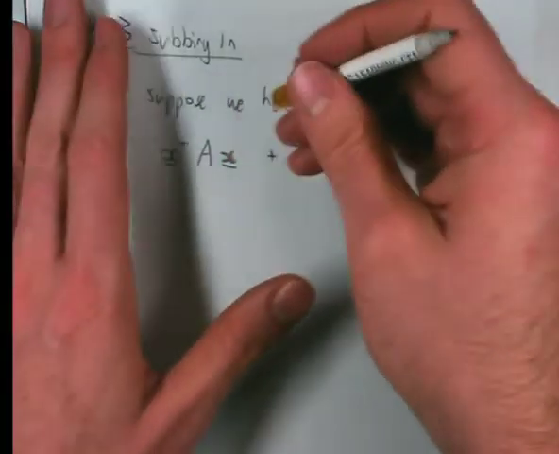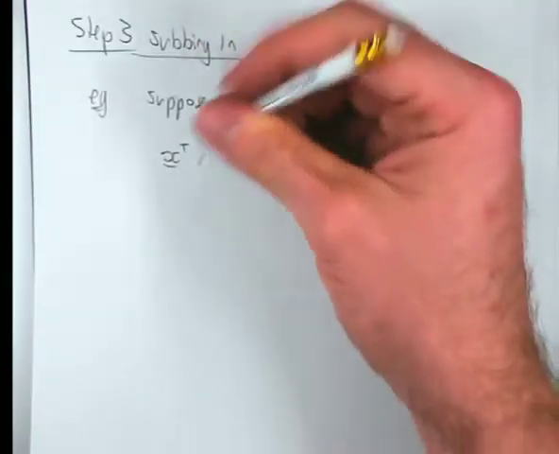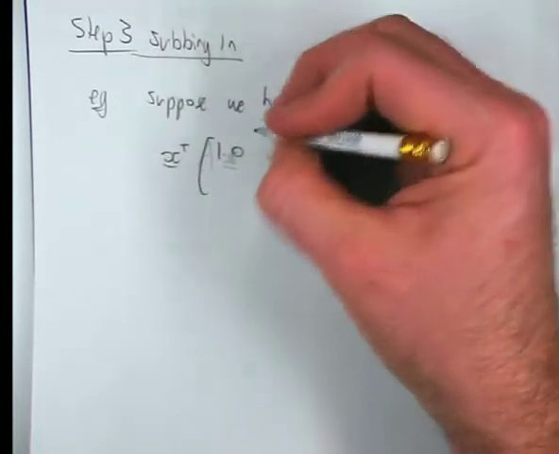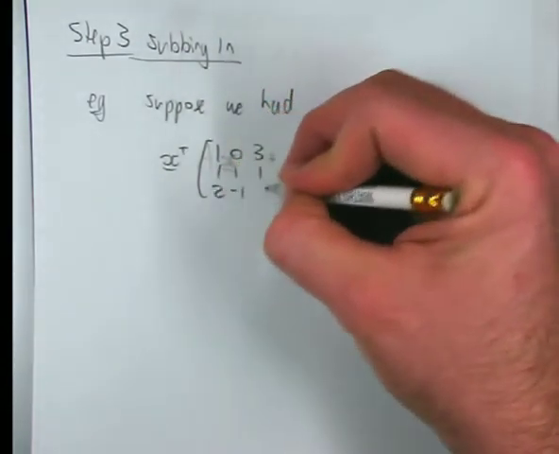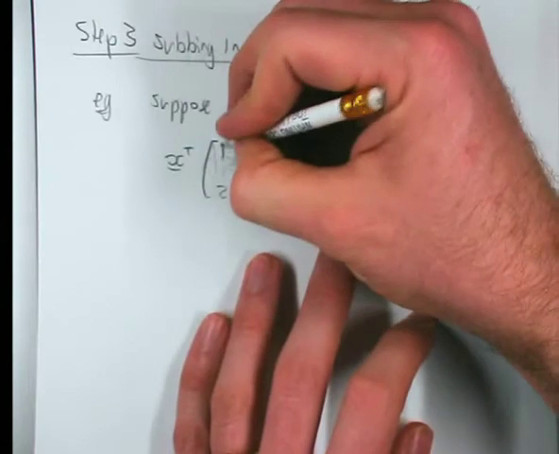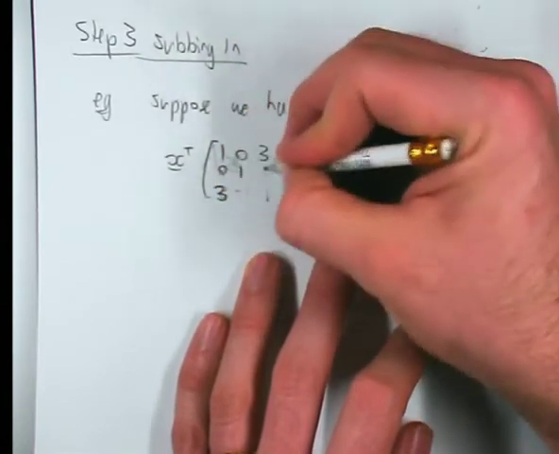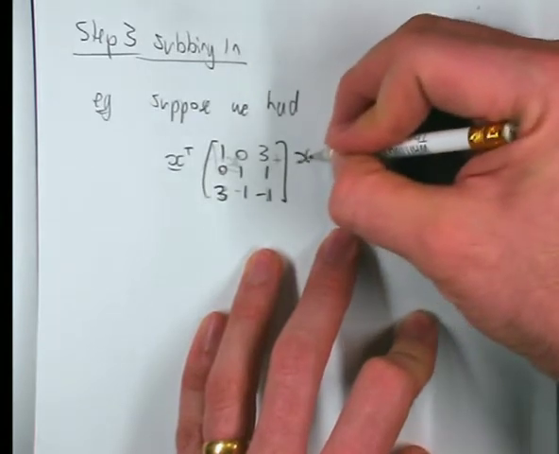I need to actually say what the A is, sorry. Oh, it should be symmetric, shouldn't it? Okay, so suppose we had that.